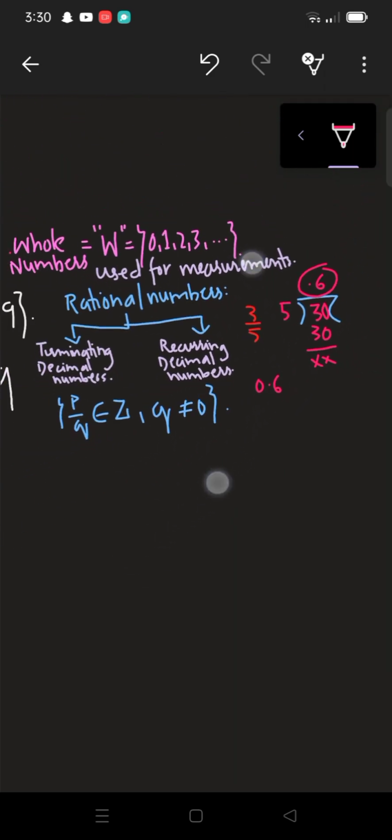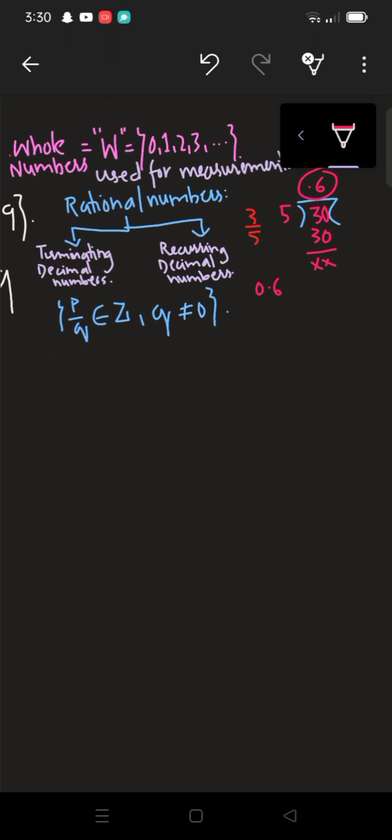This is terminating. There is a simple concept of terminating decimal number. If you have 1, 2 or 3 digits after the decimal point, it will be considered as terminating. However, if you have more than that, it would not be considered as terminating, it would be considered as recurring.